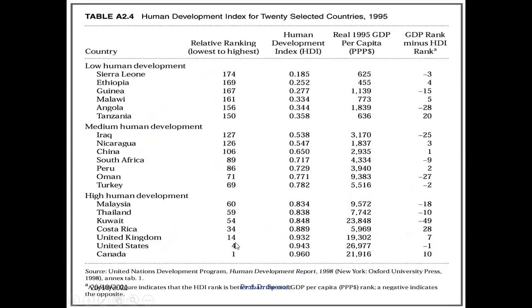This table also shows you the Human Development Index for 20 selected countries, but this is old data based on 1995. I just want to share with you how secara relative different countries have different HDI. Okay, so Malaysia is among those countries having a high Human Development Index.